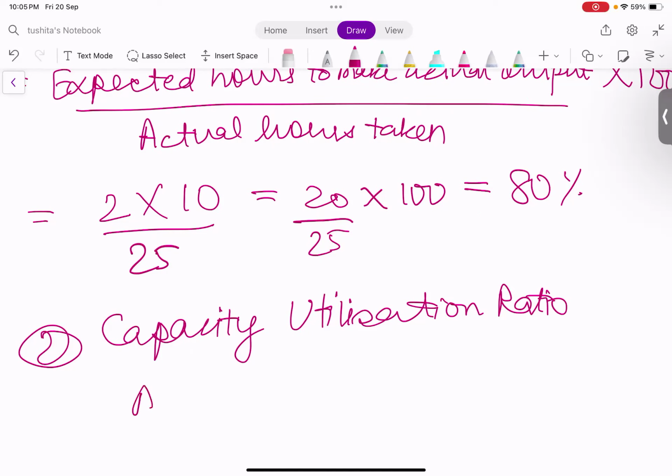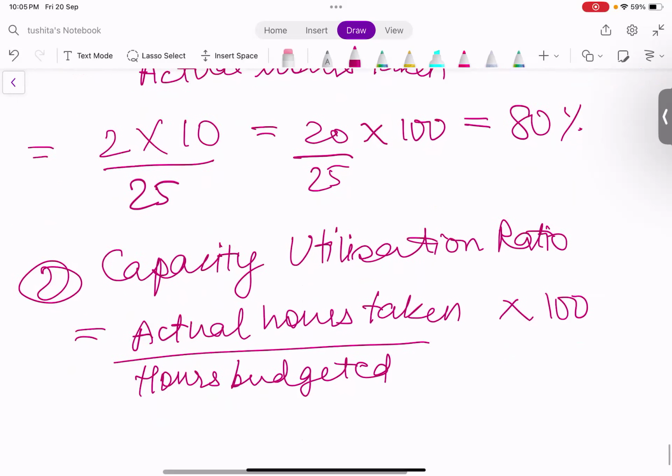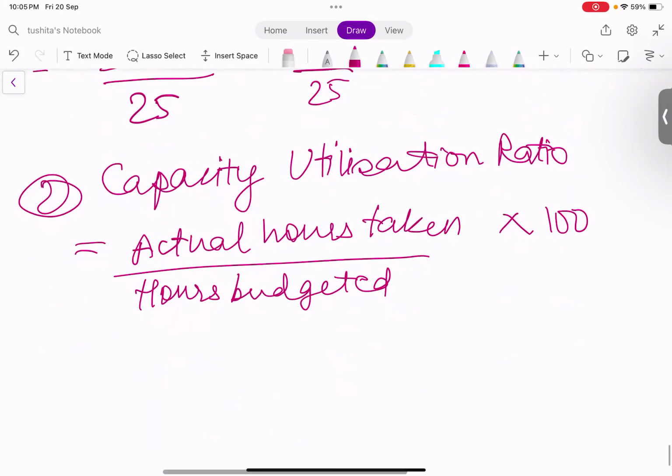So actual hours taken divided by hours budgeted. So this is the formula that's given for the capacity utilization. It's all going to become further clear when we practice a question from the study hub.